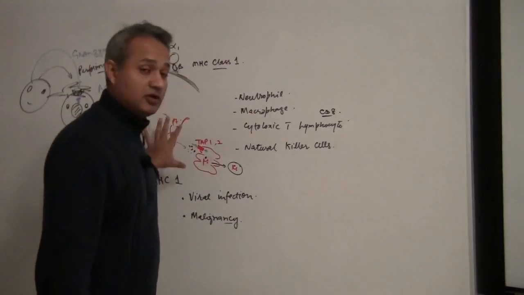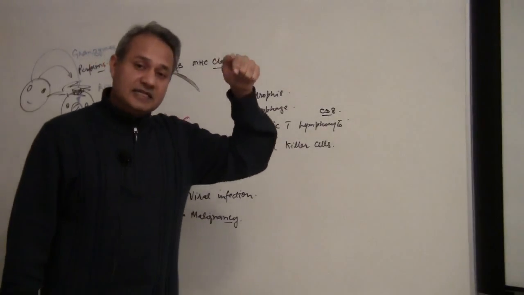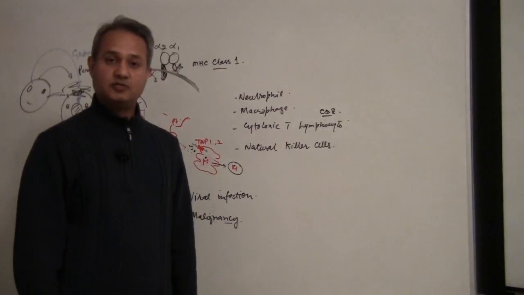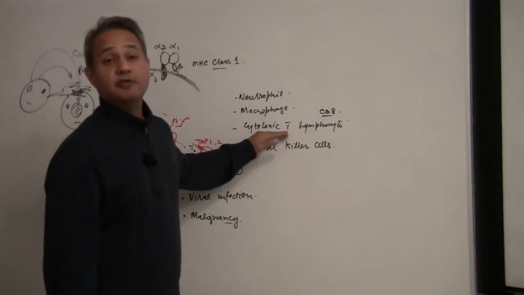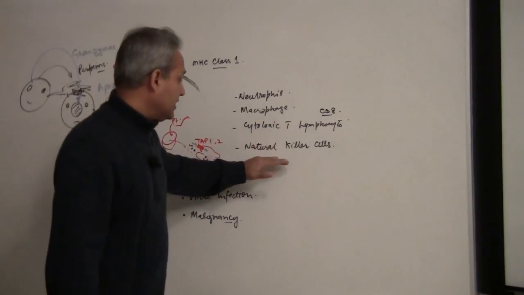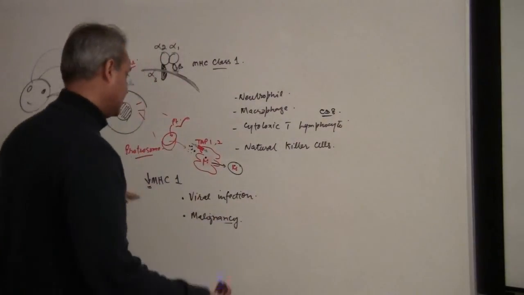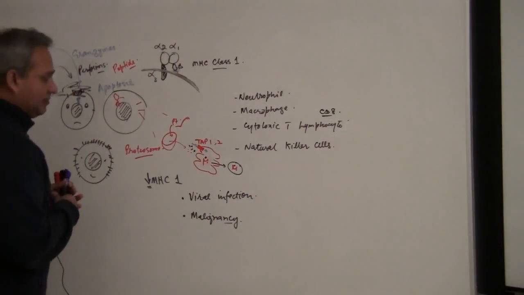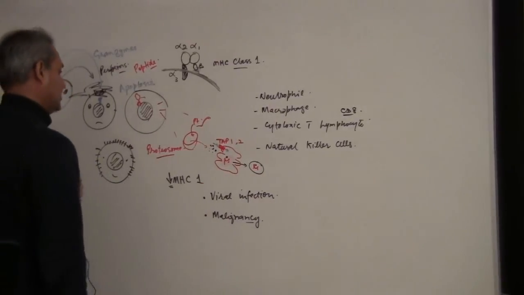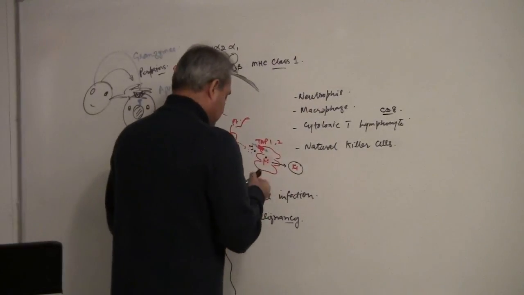In this particular question, there is a downregulation of MHC class 1. The cytotoxic T lymphocyte will not do anything now. And so the natural killer cell, the one that is going to massage the cell and then detect the less MHC and kill that cell, that is the answer.